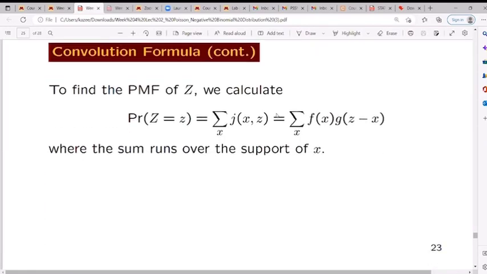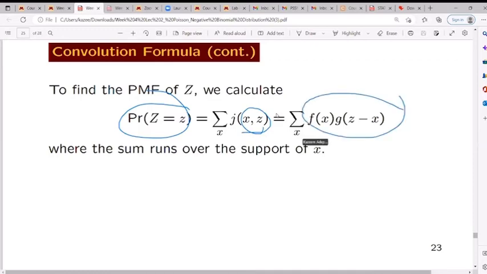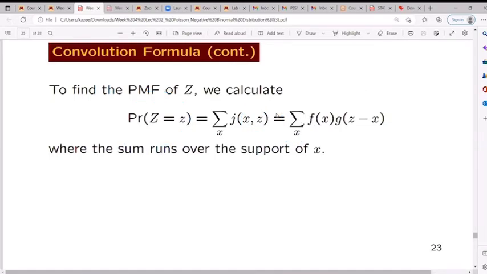The probability of z, which is a new variable: since I now have x and z, and I'm looking for the probability of z, I'm going to sum with respect to x. I only have a function of x and z, and the interest is on the probability of z. So I'm going to sum with respect to the variable I'm not interested in. Take a look at that.